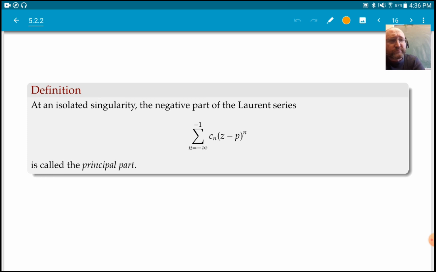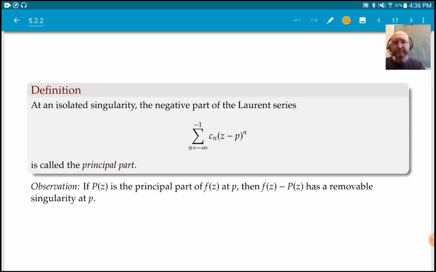All right, now the negative part has a name. It's usually called the principal part. So if I take a look at an isolated singularity, a holomorphic function with an isolated singularity, and compute the Laurent series around that point, then all the negative terms, that's what we call the principal part.